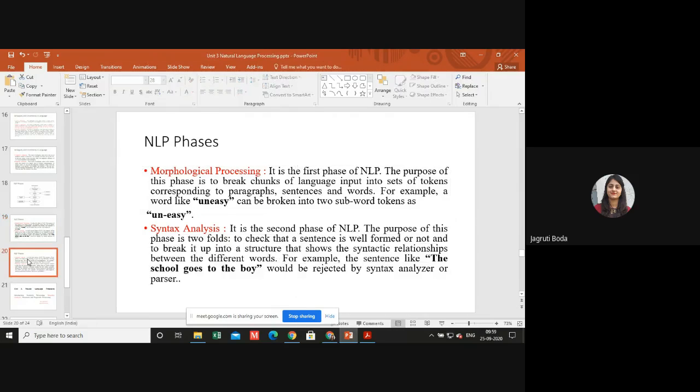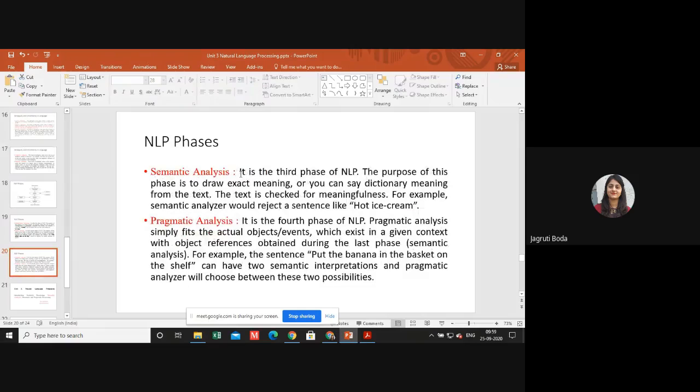And next, what is semantic analysis? It is the third phase of NLP. The purpose of this phase is to draw the exact meaning, or you can say dictionary meaning, from the text. The text is checked for meaningfulness. For example, the semantic analyzer would reject a sentence like "hot ice cream". You are writing a sentence, right?